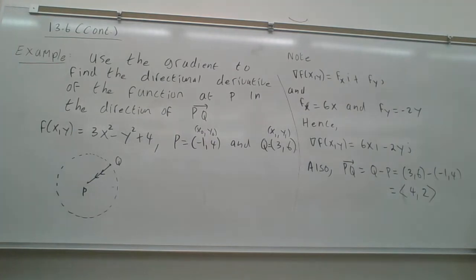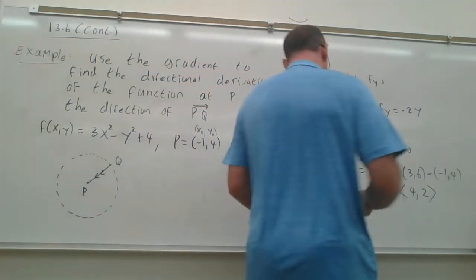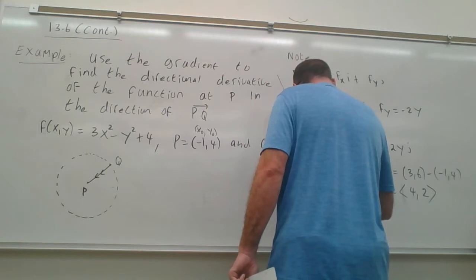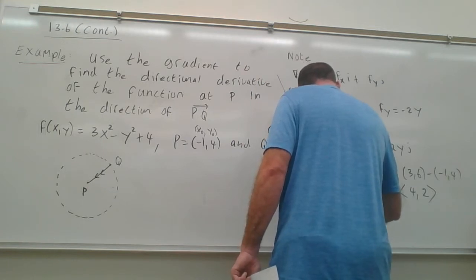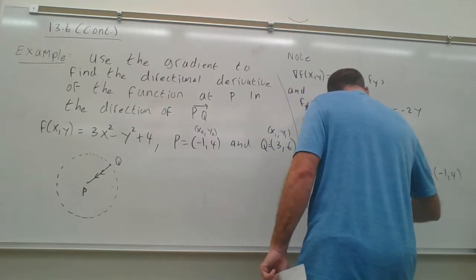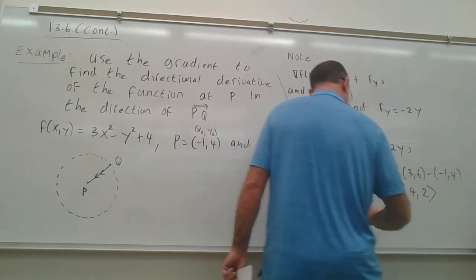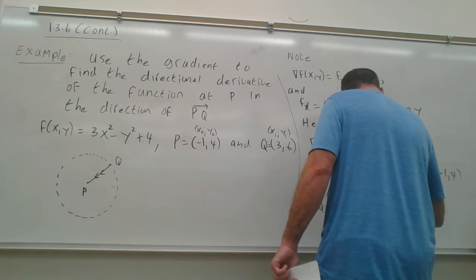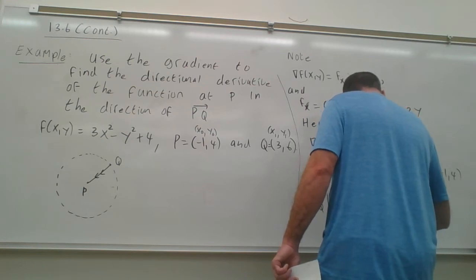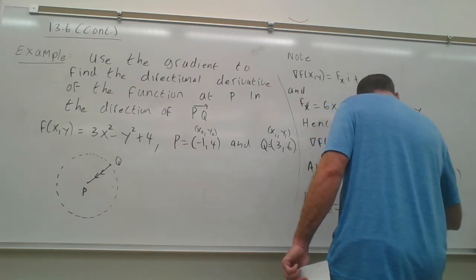Okay, so now let's find the magnitude of PQ. So magnitude of PQ is the square root of first component squared, so 4 squared, plus 2 squared.